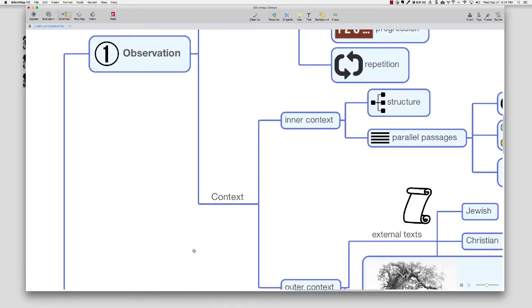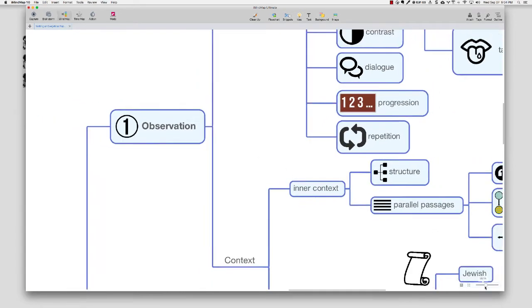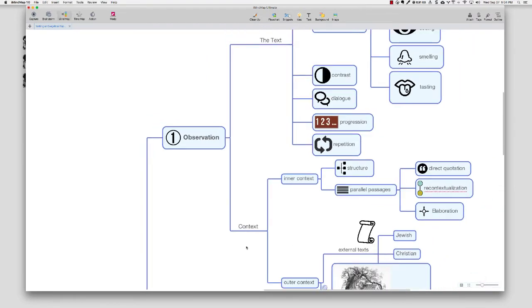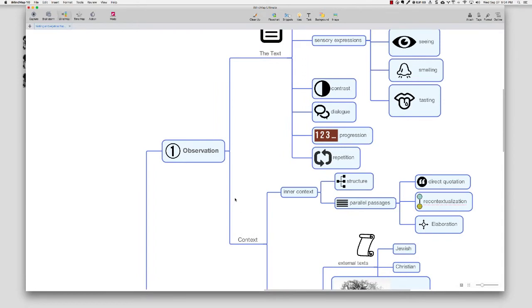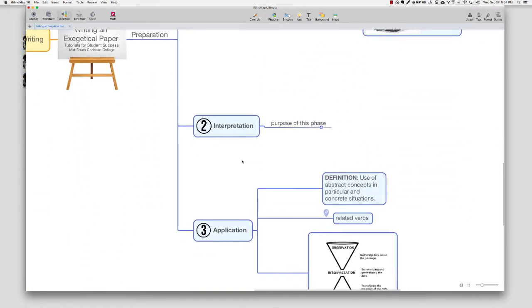All right, so that's the two areas of observation, just to backtrack here so we know where we are. We've been talking about observation, observing the text, seeing what it says, not trying to interpret yet, but just seeing what it says. The second step in exegesis is interpretation.